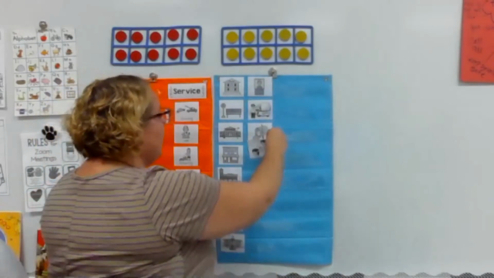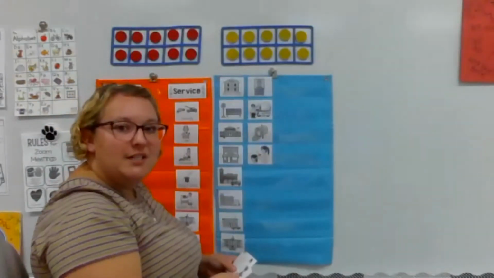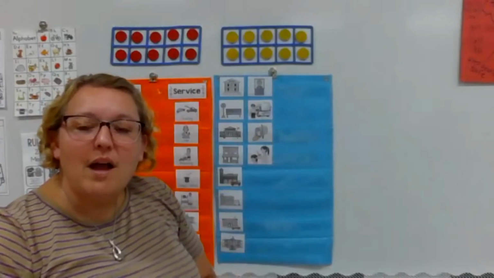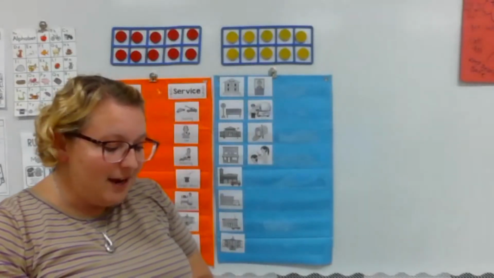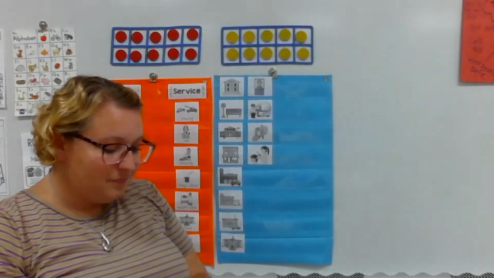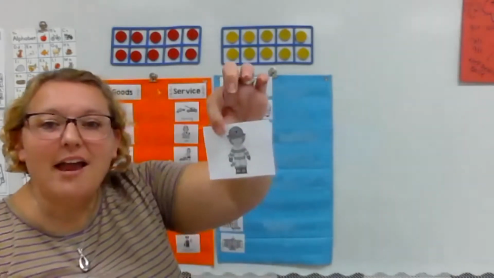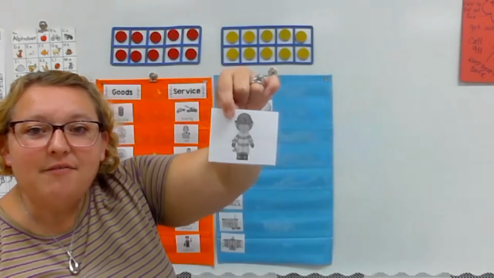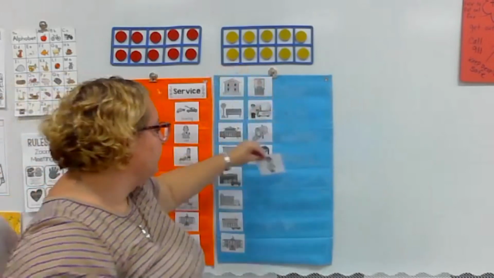Right, you're going to get your hair cut there. Okay, you're going to get your hair cut. And at the fire station, what kind of service would you get at the fire station? Yeah, you have a firefighter who teaches us about fire safety and keeps us safe in the event of a fire.